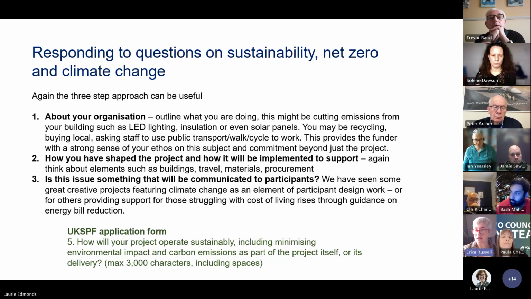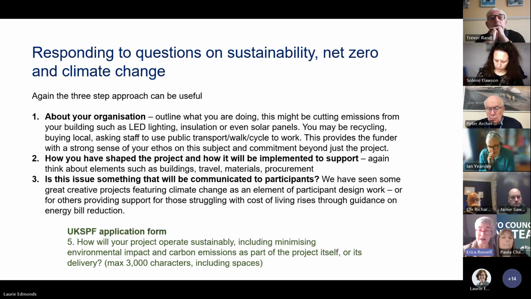You might be cutting emissions from your building. You might be thinking about your staff and staff travel. There are other areas that people are working on, perhaps more in the sustainability area, such as recycling, upcycling, reusing, and so on. And the idea again is to just build that ethos behind you as an organisation.